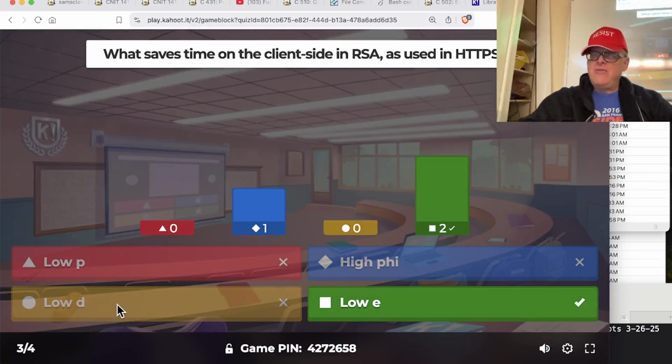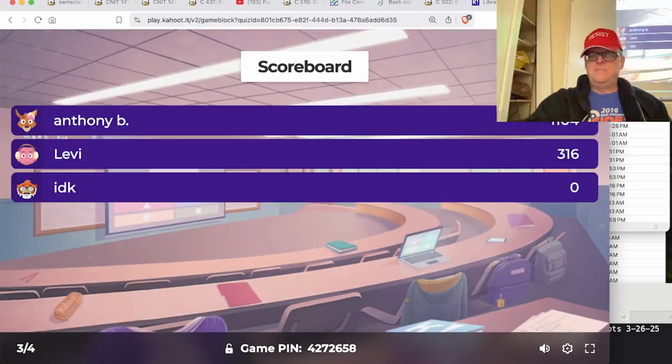Low d would make decryption fast. Low p would make it insecure. You need p to be big and long. And high phi, n is big anyway. You can't do anything about that. So anyway, it's low e that makes encryption fast. That's what almost everybody always does.